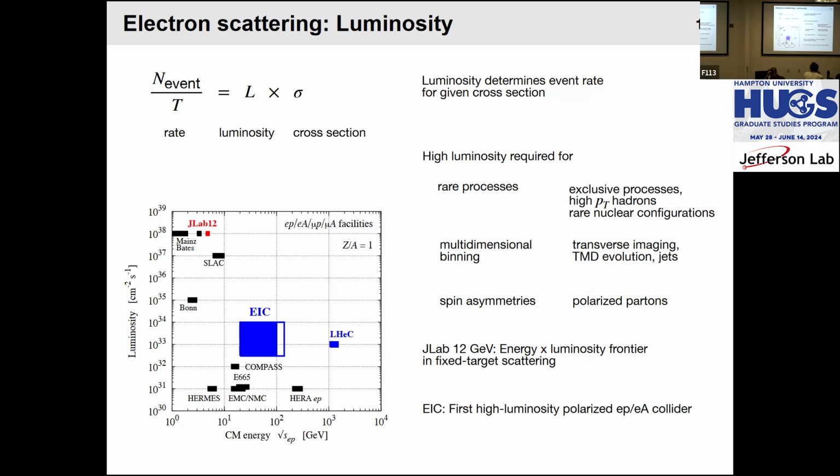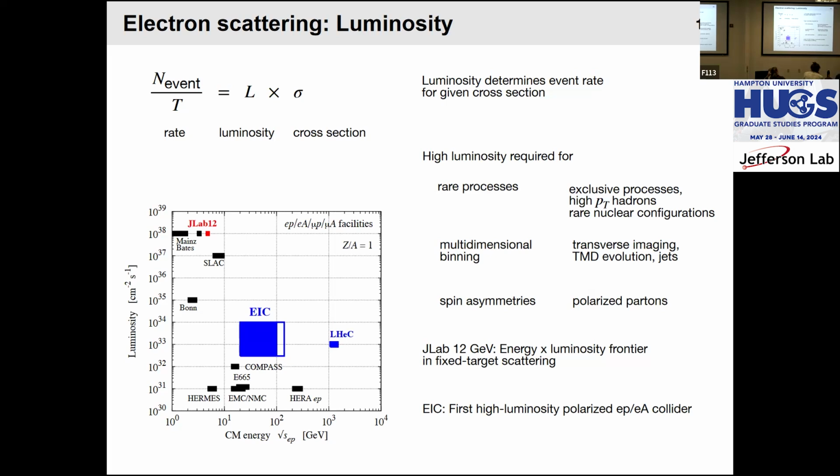Now, this figure here shows the existing and planned facilities in electron scattering and muon scattering distributed over center of mass energy, square root of S, and luminosity.